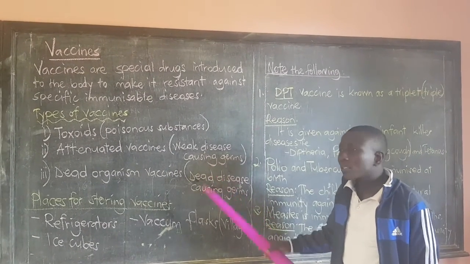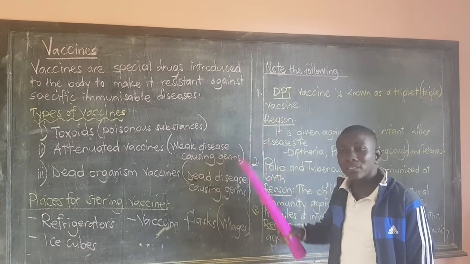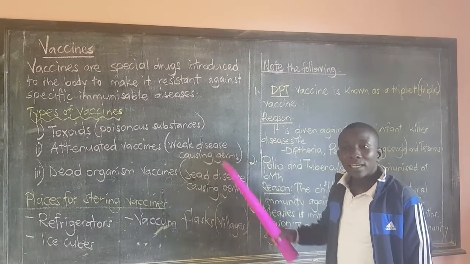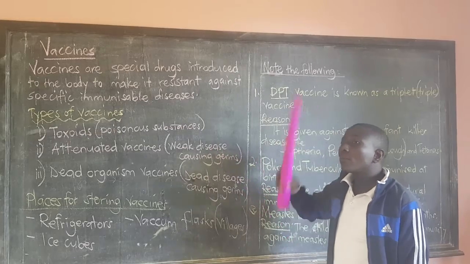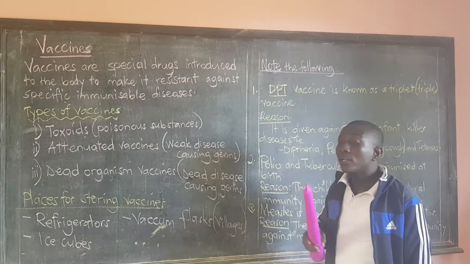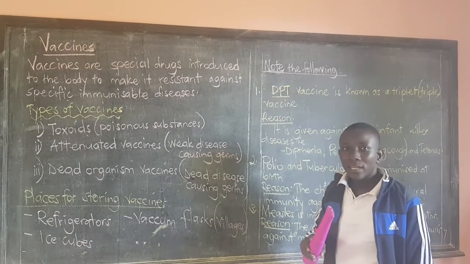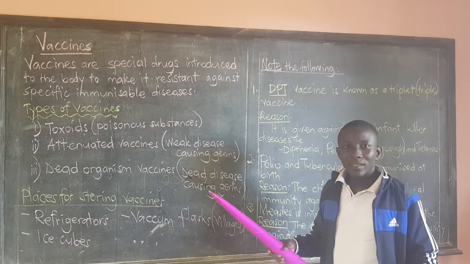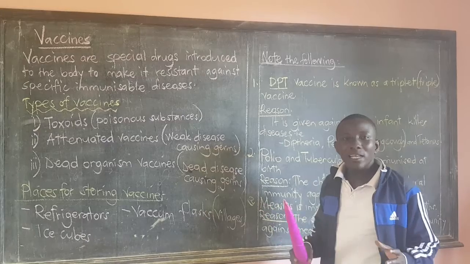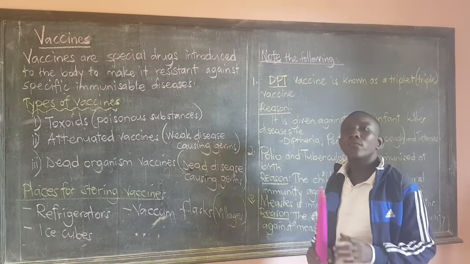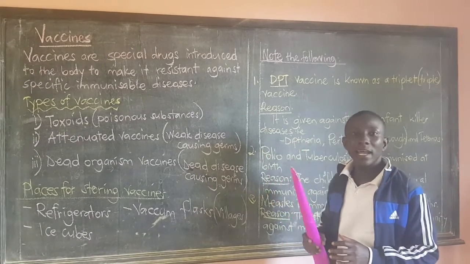For measles, still they will get the germs which cause measles. They weaken them, then they use them for treating. They become antibodies when they inject them into your body. They don't now cause disease. They will instead become antibodies, and they will help your white blood cells to fight that disease.